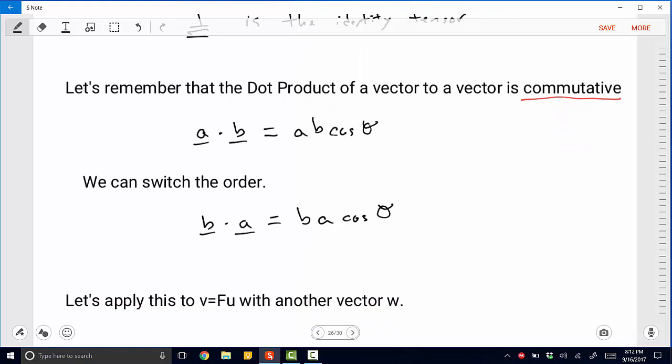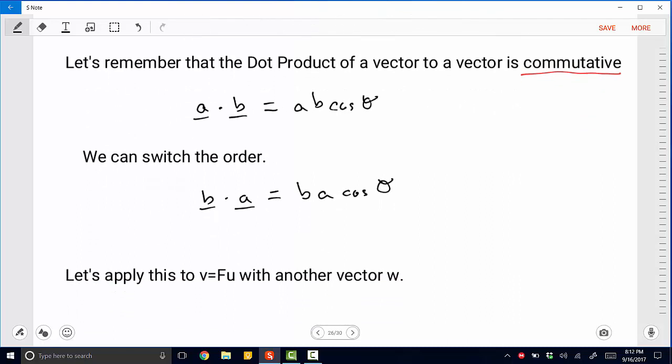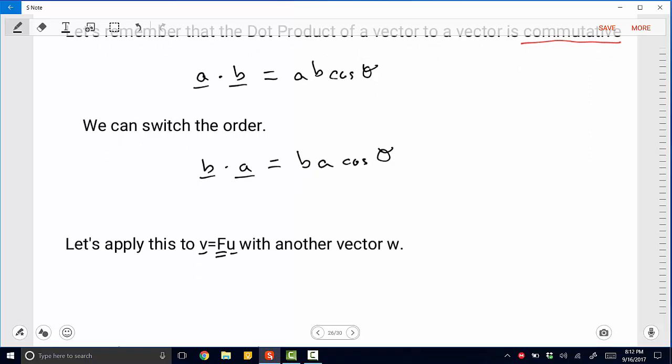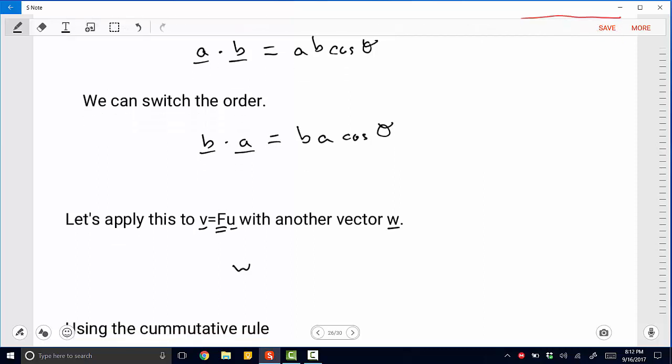So then let's go ahead and apply this to our little tensor relationship here, and let's introduce another vector W by which we do this dot product. So let's say we do W dot product V. What will we result in?